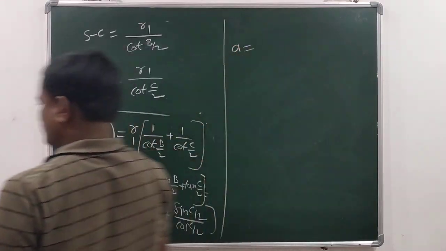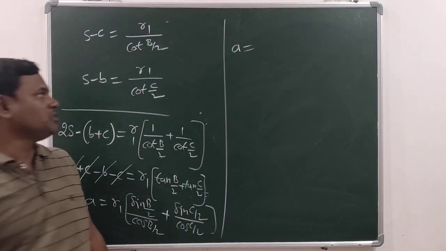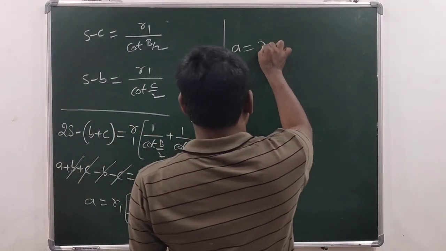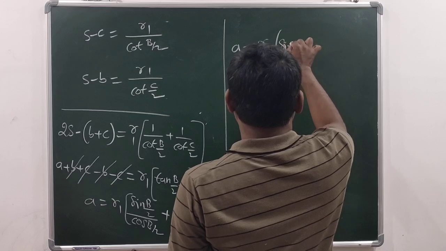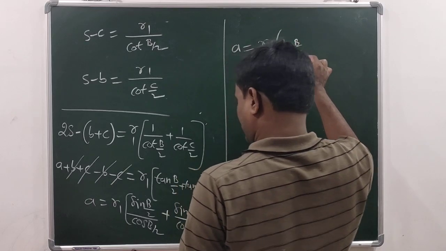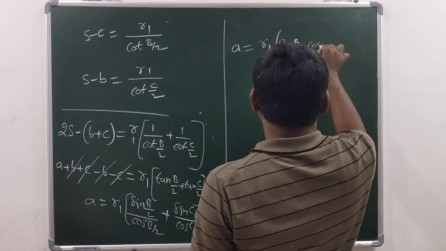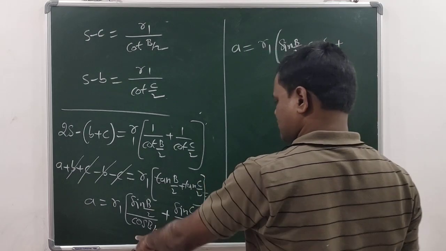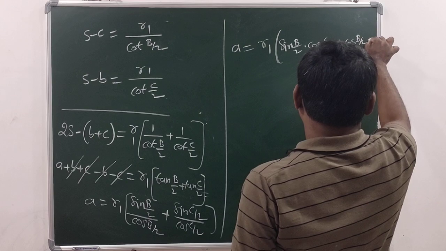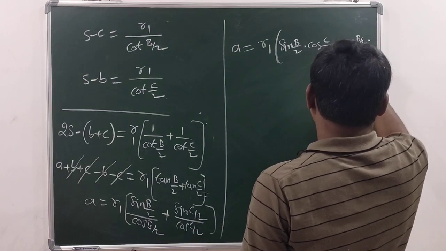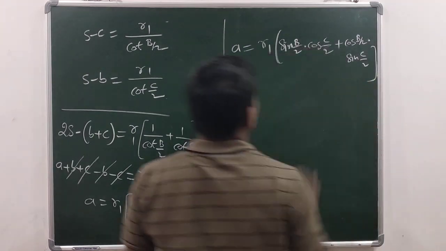Small a is equal to R1 into, now take cross multiplication, sin B by 2 into cos C by 2 plus cos B by 2 into sin C by 2. Right.